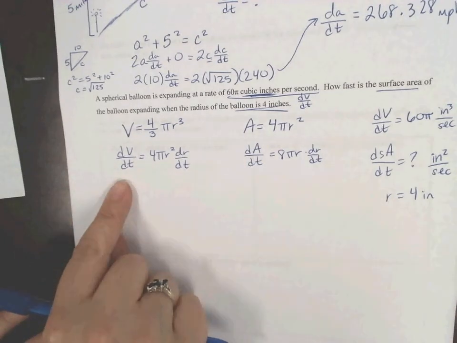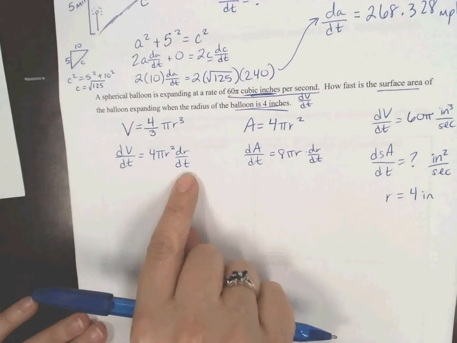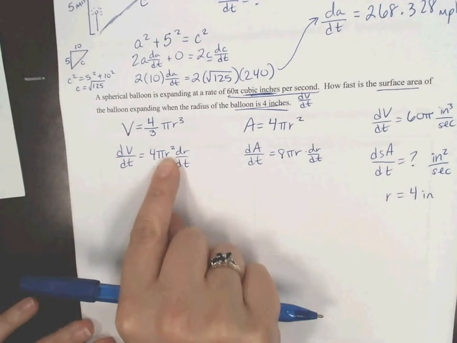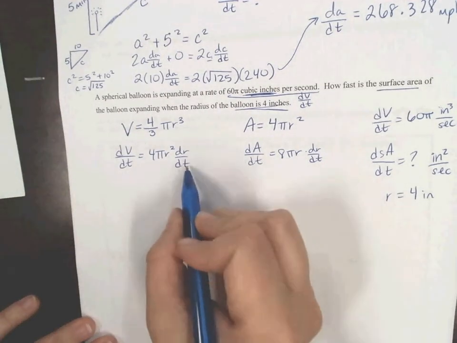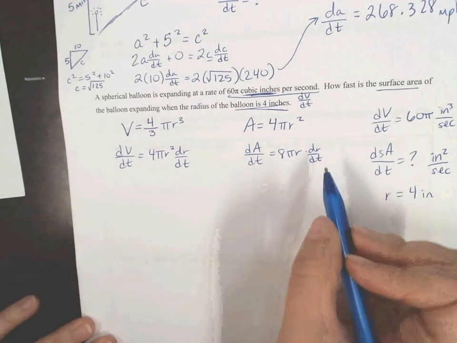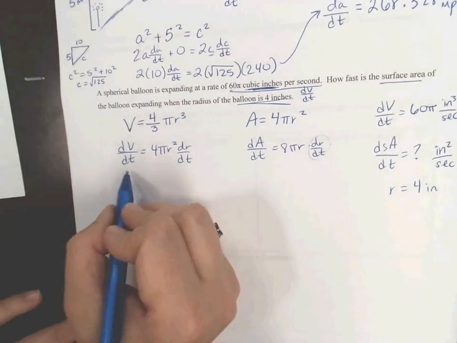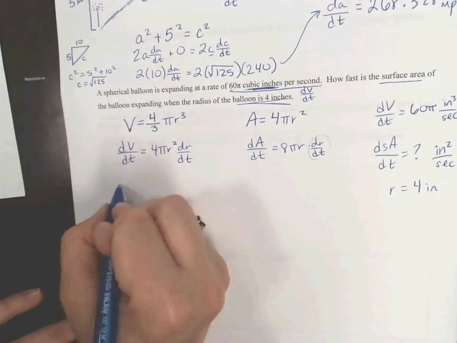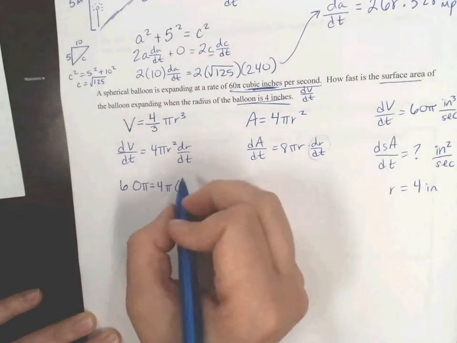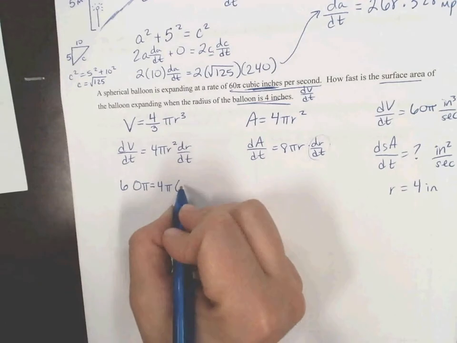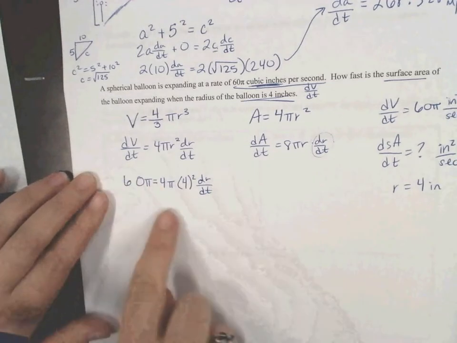What is good is that I'm given a volume rate, I'm looking for the area rate, and I'm given the instant of this radius. I am just going to have to find my dr/dt, and then I'm going to plug it in over here. So I need this guy, and I'm going to use this equation. Let's plug in what we know. This was expanding, so these were positives. dV/dt was 60 pi. 4 pi, and the radius is 4 at this instant.